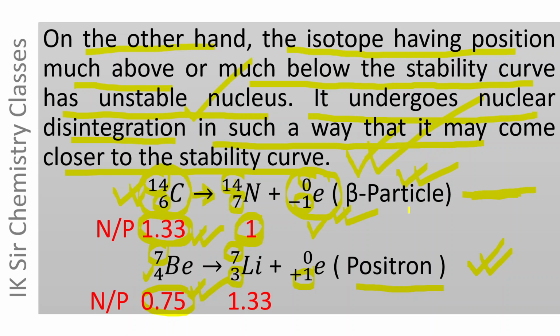Positron is the anti-particle of beta particle.